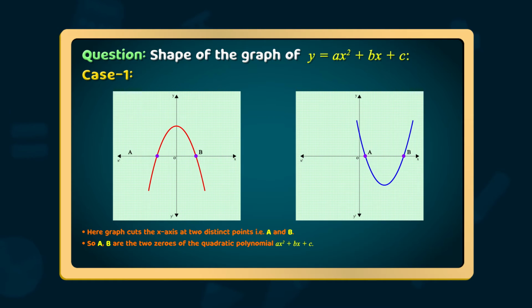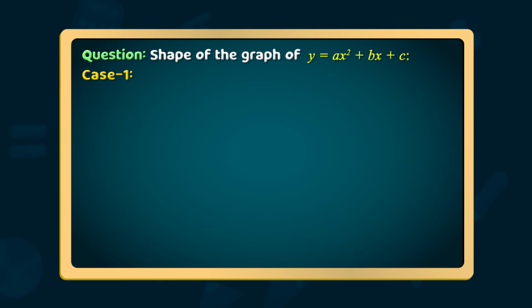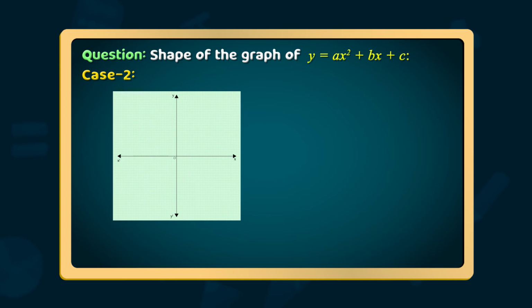Already we know the zero of the polynomial, that is, where the curve cuts the x-axis, is nothing but a zero of the polynomial.